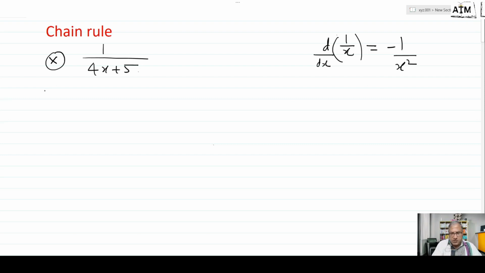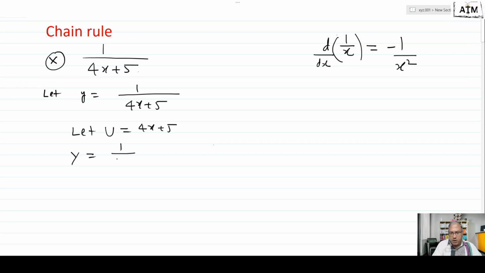So step number 1, let y equal 1 upon 4x plus 5. Then let u equal 4x plus 5. Then it becomes y equals 1 upon u.